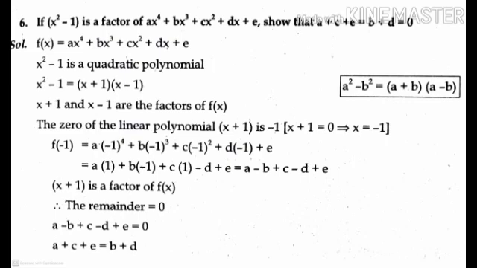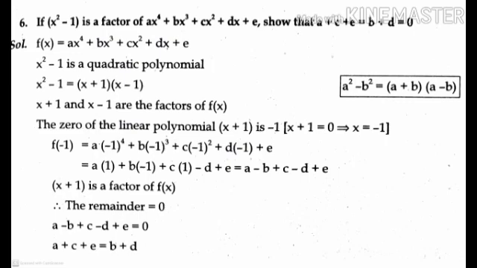Here x² - 1 is a quadratic polynomial. Therefore, x² - 1 we can write as (x + 1)(x - 1), according to a² - b² = (a + b)(a - b). Here a means x and b means 1. Next step, x + 1 and x - 1 are the factors of f(x).